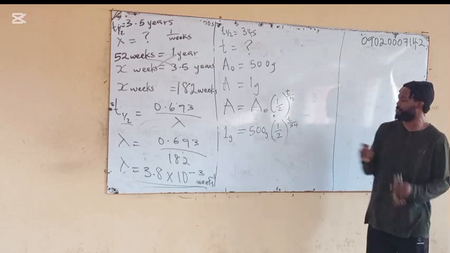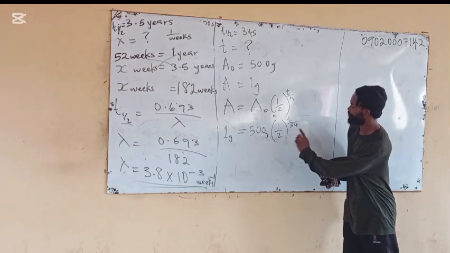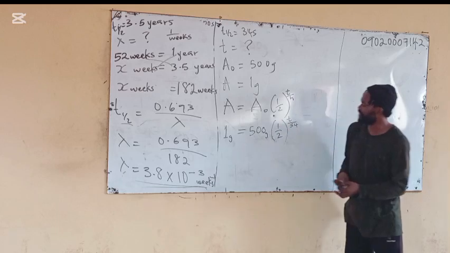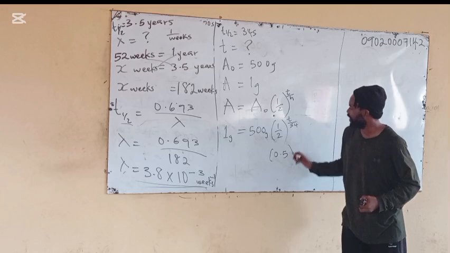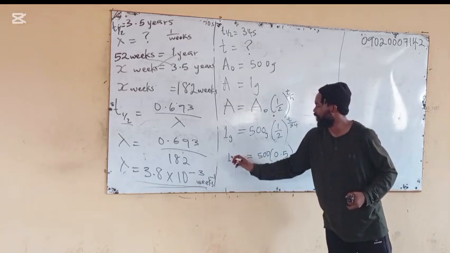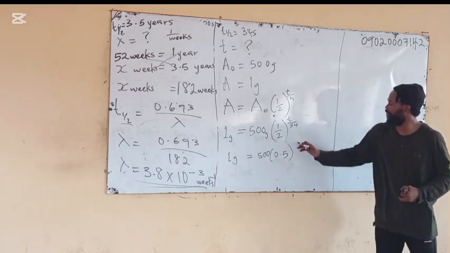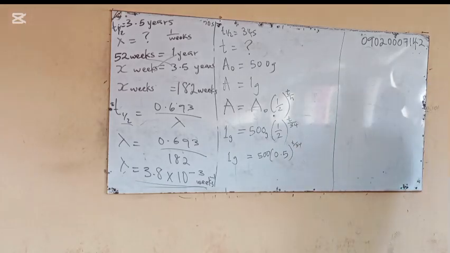Notice that everything here is 34. So what you just do for me now is to say, first of all, half is the same as 0.5. Then I have 500 times 0.5, equals to 1 gram, all raised to power T over 34. But do for me, I want you to do for me.